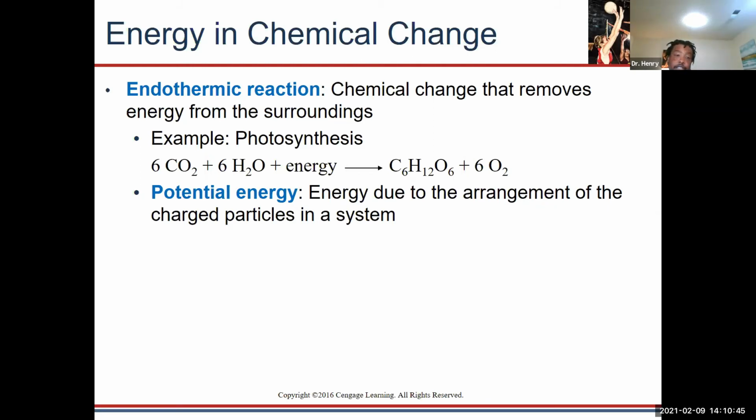So potential energy is basically the energy due to the arrangement of particles or location, right? For instance, if we have a ball that's sitting above us, that ball has a certain amount of potential energy. As soon as I let go, the ball drops, and it becomes kinetic energy. Now, the thing about energy, just like matter, is that what you put in, you must get out.